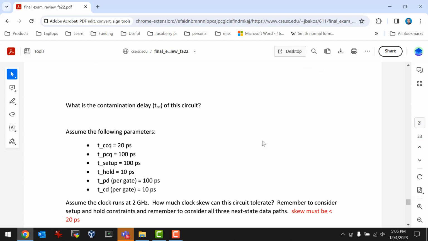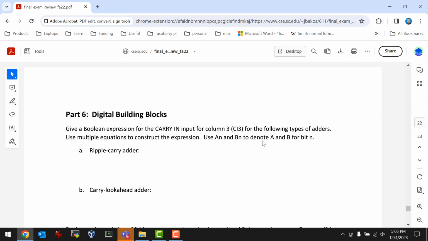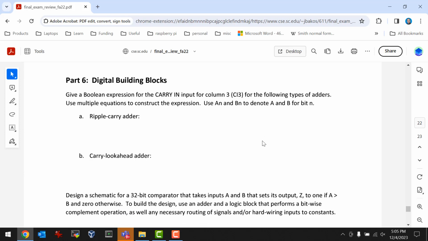All right, another timing question. Digital building blocks. Give a Boolean expression for the carry-in input for column 3 of the following type of adders. Use multiple equations to construct the expression. Oof. Okay, ripple carry adder. So the ripple carry, carry in 3 is going to be the carry out on 2, right?